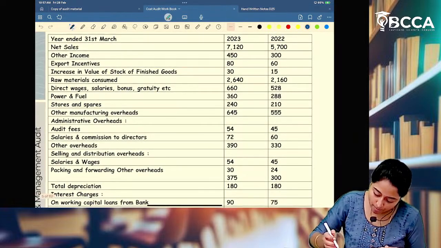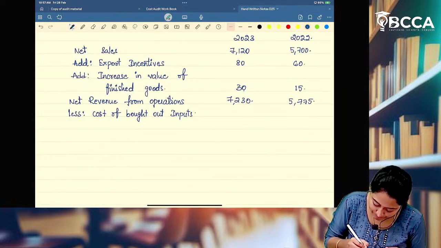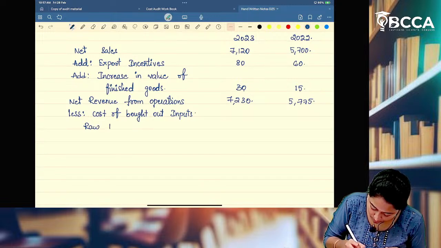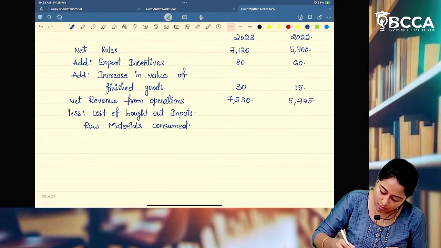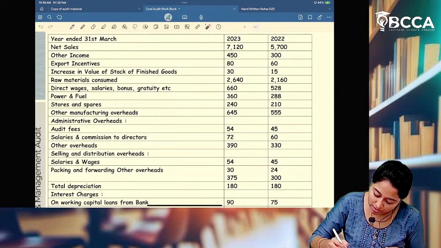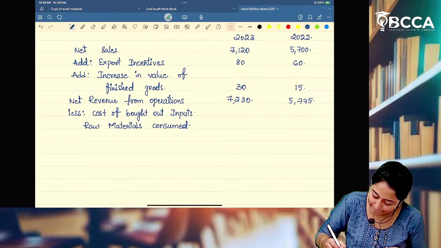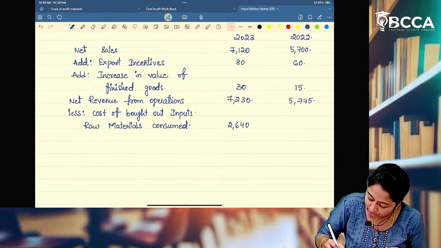You'll write first raw materials consumed. How much is raw materials consumed? It is 2,640 and 2,160.